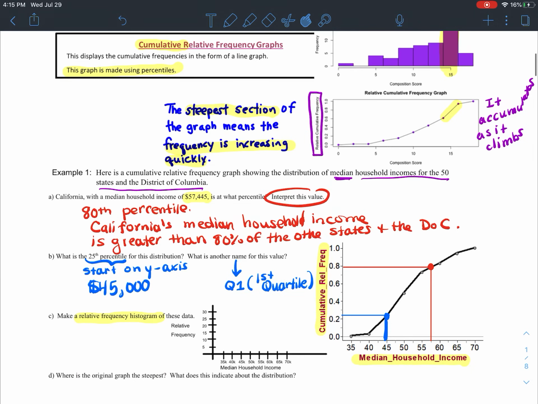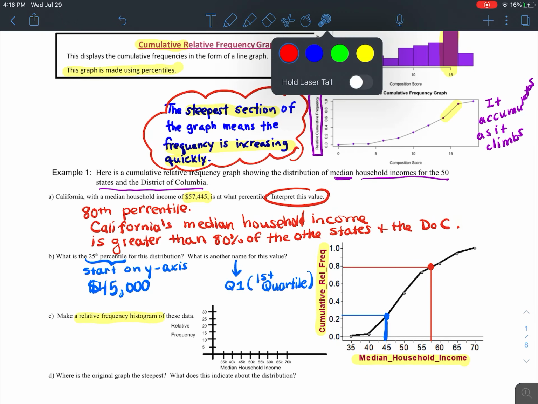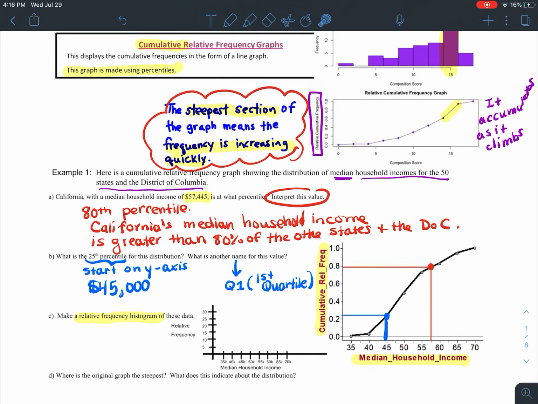Here's what you need to keep in mind: the steepest sections of your graph are going to create the tallest sections of your histogram. Now this can get a little bit tricky, so I want to make sure you're okay with this. You'll notice I'm labeling the x-axis the same way that this is labeled here, and my y-axis is the relative frequency, which again is the percentages.